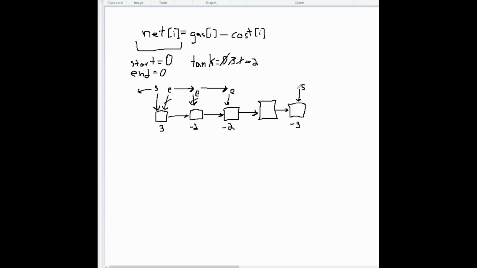So, what do we do? Well, all we can do is keep pushing start backwards and hoping we come across more gas, and enough gas not only now to cover pushing end forward, but enough gas to make up for this negative 3 that we came across along the way.